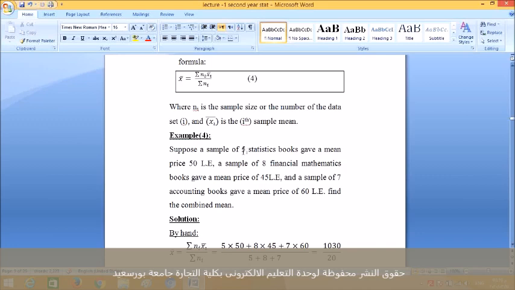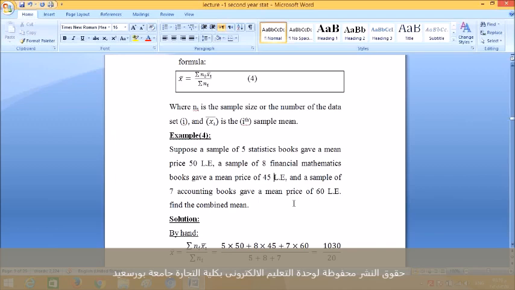The first weight is 5, the second weight is 8, the third weight is 7. And the price of the first one is 50, the price of the second one is 45, and the price of the third one is 60.